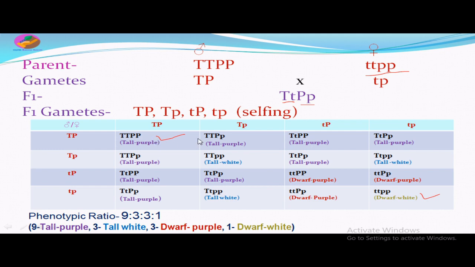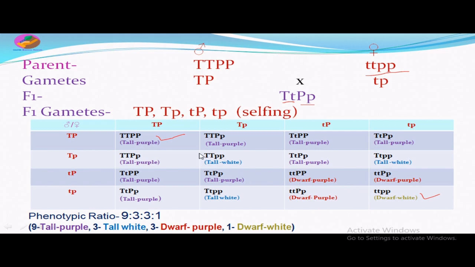Here you can keep in mind one thing, that this particular parent is homozygous and this is also homozygous. So these are like their parents, and this one and this one are known as pure line, and the remaining 14 are all intermediates.